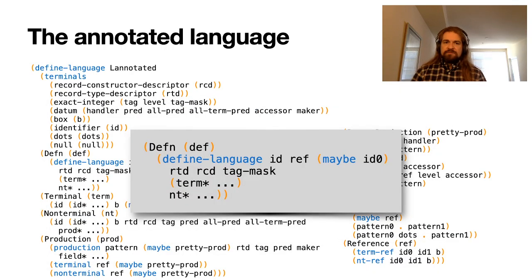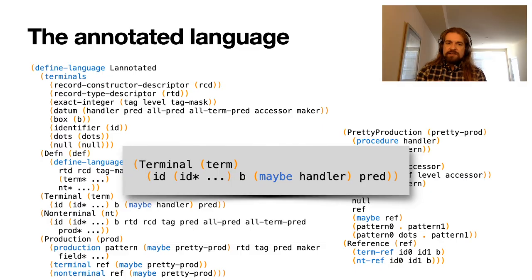So defined language got a little bit more complicated. It has an ID that represents the name of the language. It has a ref cell that represents the entry non-terminal. And then it has potentially a non-generative ID. It has the RTD, RCD, and tag mask for the language, a list of terminals, and a list of non-terminals.